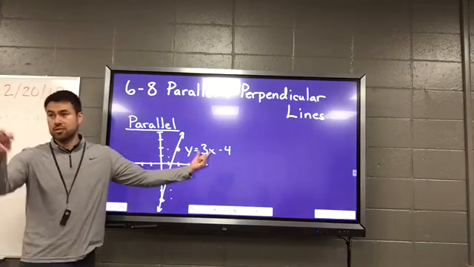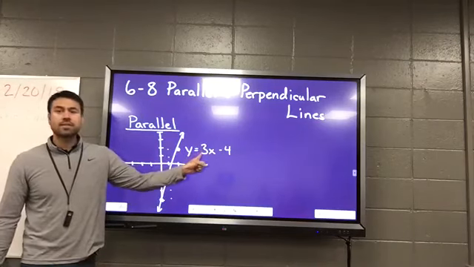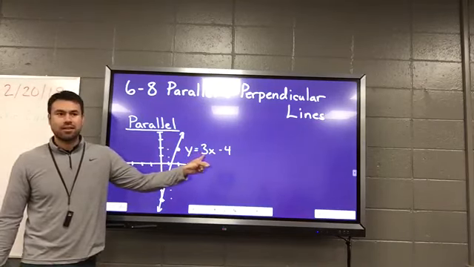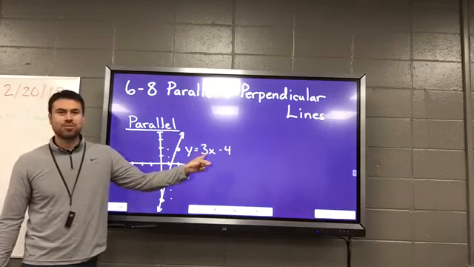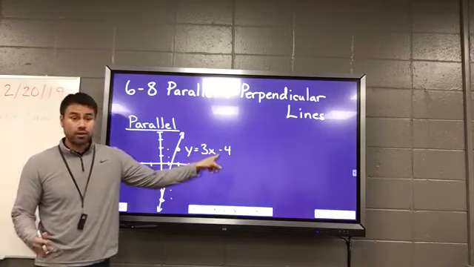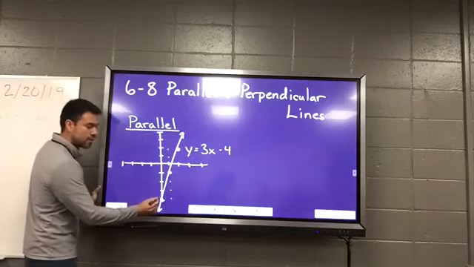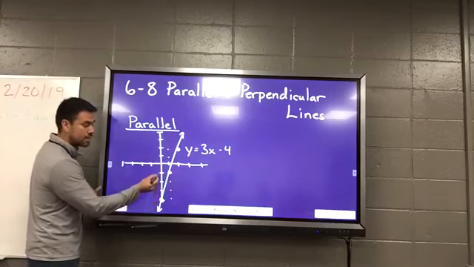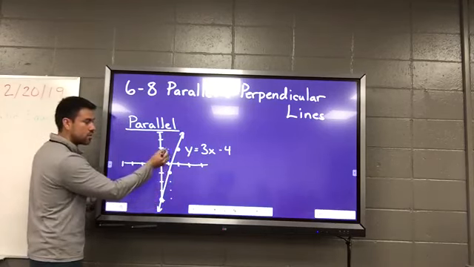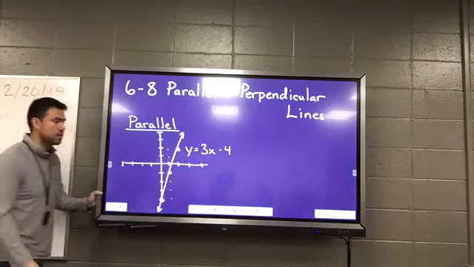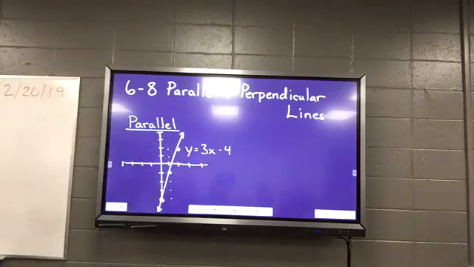The m, Josiah? 3. What's the b? Anyone on the other side of the room? Y-intercept, which in this case would have been -4. And you're like, is that really true? Where does it hit the y-axis? At -4. What's the rise over the run? It's 3 over 1. So those two parts fit that line.